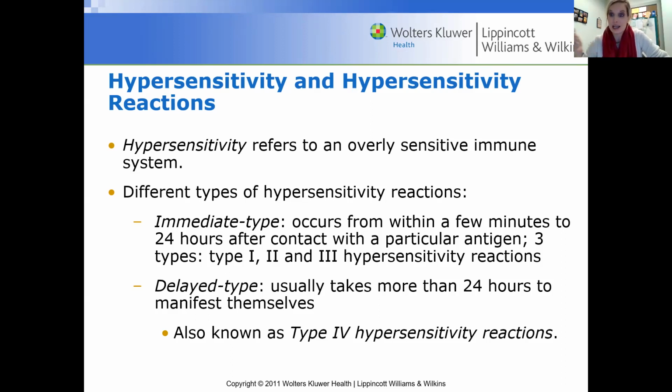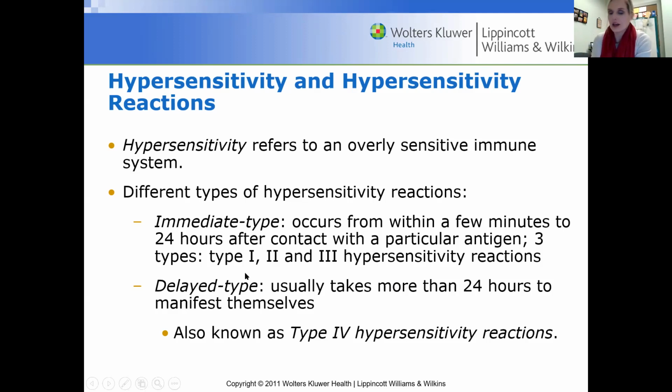But it is an immediate type, so it falls within that category. We'll talk a little bit more about that. And then the delayed type, the only thing I want you guys to know about delayed is that it takes more than 24 hours to manifest itself, and that's the type 4 hypersensitivity reaction.